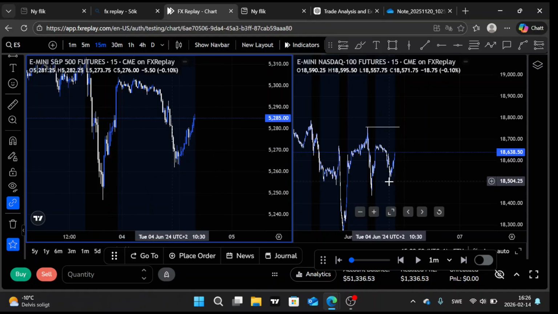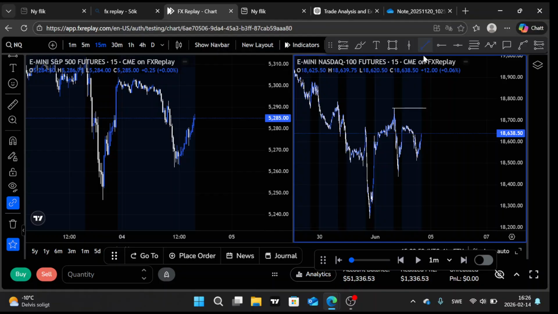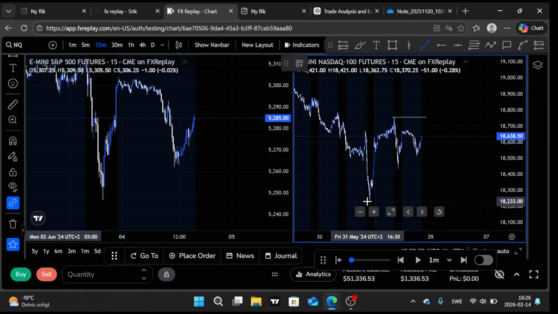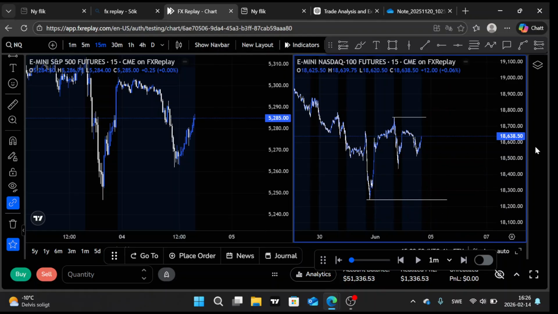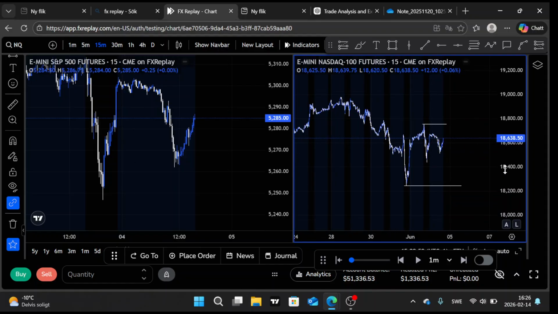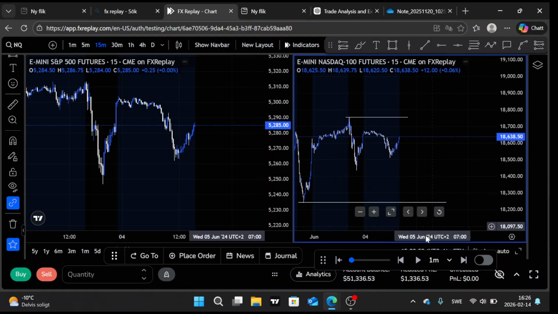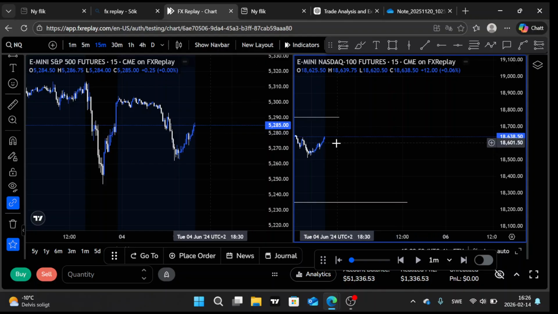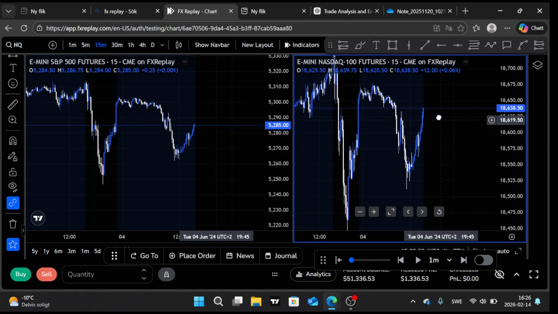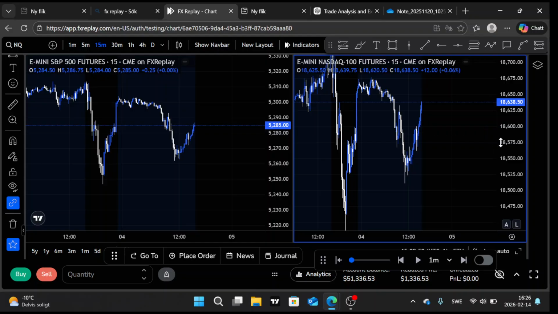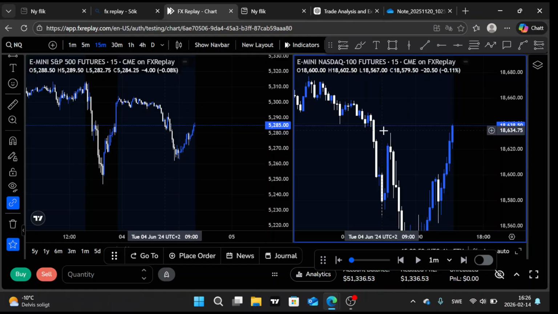So we mark out our buy side and sell side as usual. Now we have taken this sell side, this buy side here on the 15 minutes.